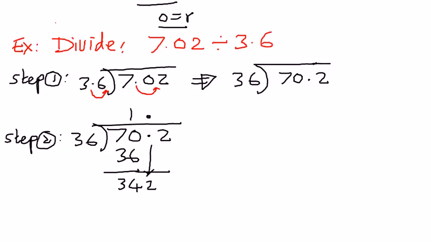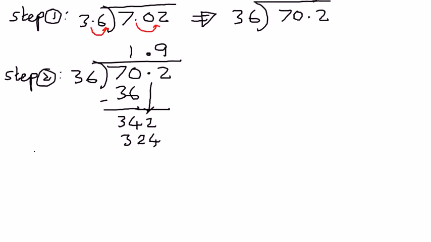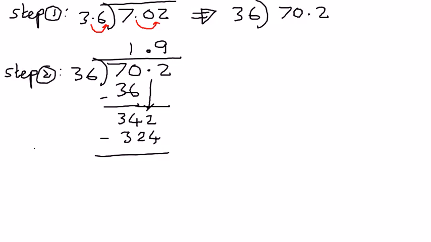So now we have 342. 36 times what number is equal to or less than 342? So 36 times 9 is 324, and therefore when we subtract 342 minus 324 it leaves us with 18.